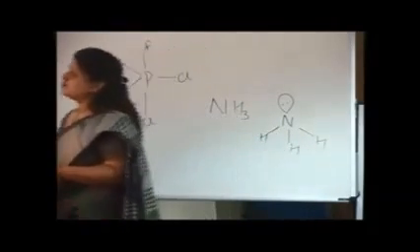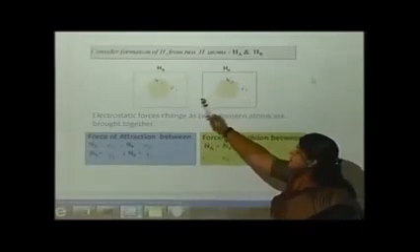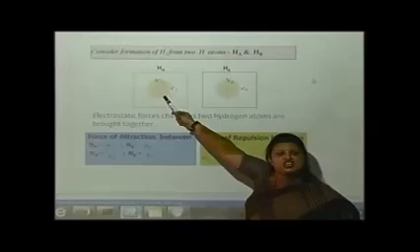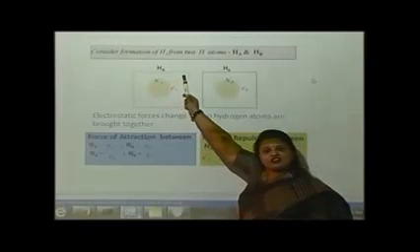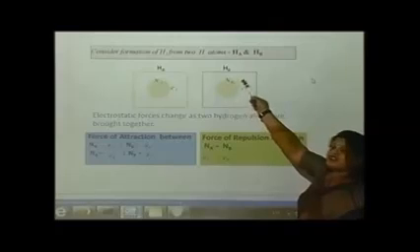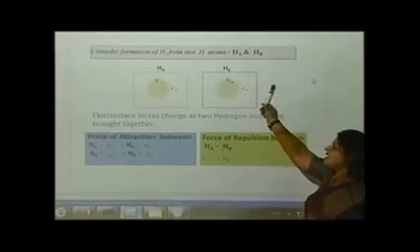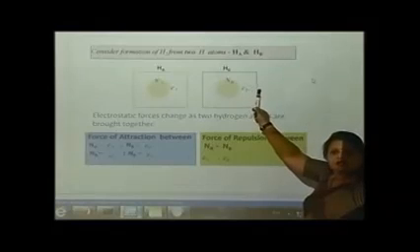Now, suppose there are two hydrogen atoms, HA and HB. I am calling the nucleus of HA Na, the electron of HA Ea, the nucleus of the other hydrogen atom Nb, and the electron of the other hydrogen atom Eb.